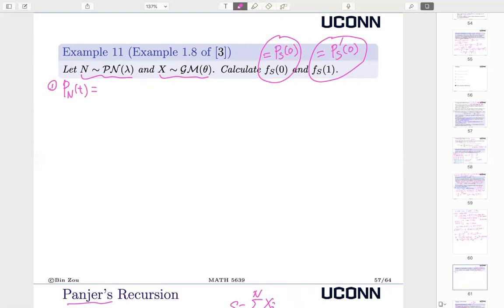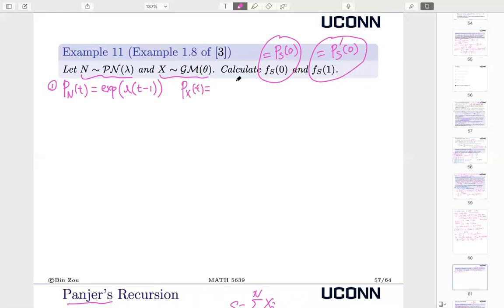So first, I want to know the PGF of a Poisson distribution. If you can memorize it, that's good. If not, you should be able to quickly derive this result. Deriving the MGF or PGF should be straightforward, especially for Poisson. Now I have geometric.